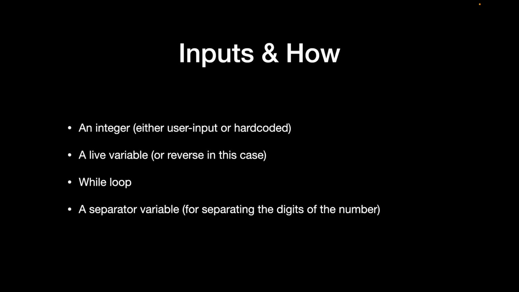Now, what are the inputs and how are we going to actually do it? So first we'll be needing an integer. Again, as I mentioned before, it can be user inputted or hard coded. Next, a live variable, or in this case we will call it the reverse variable.